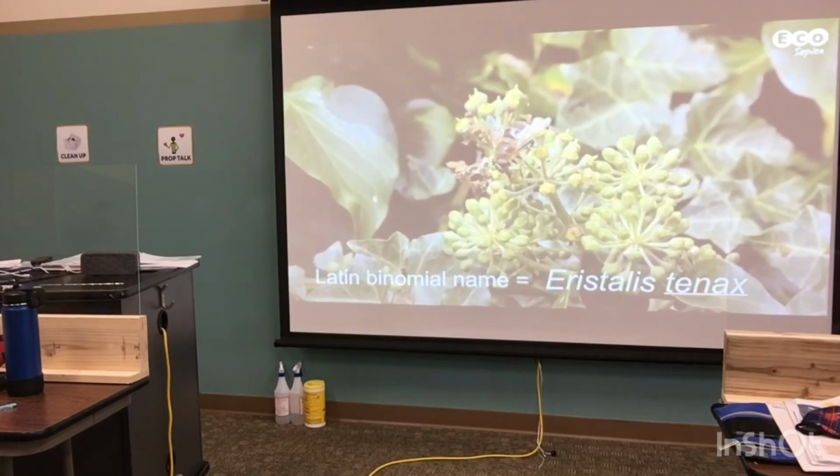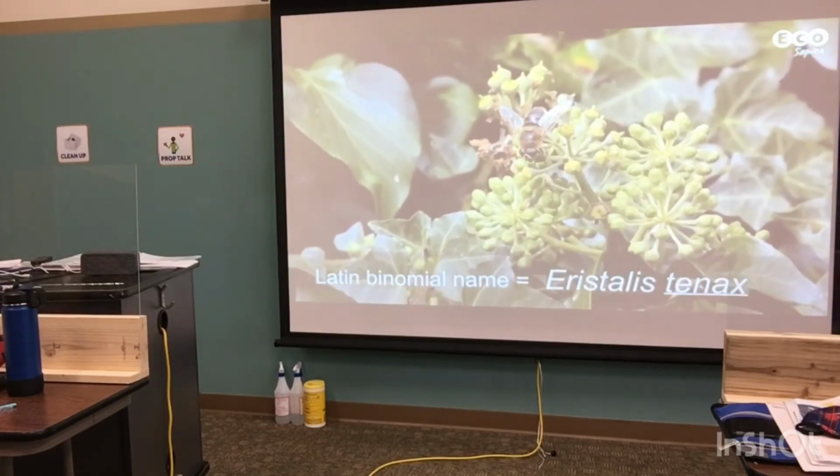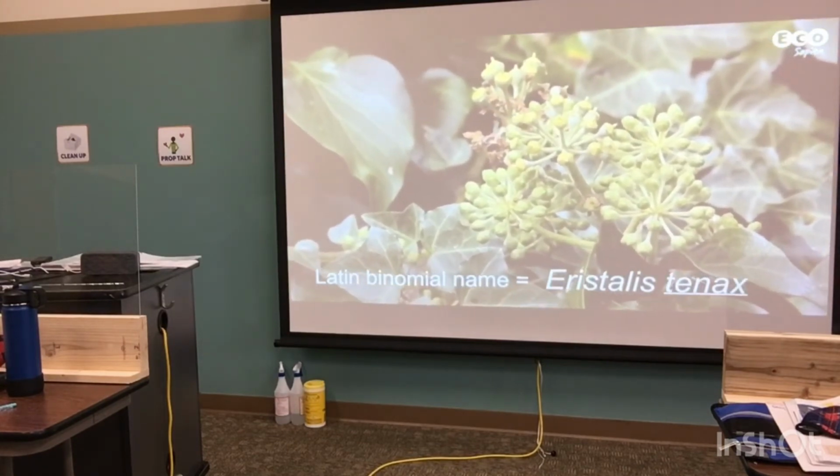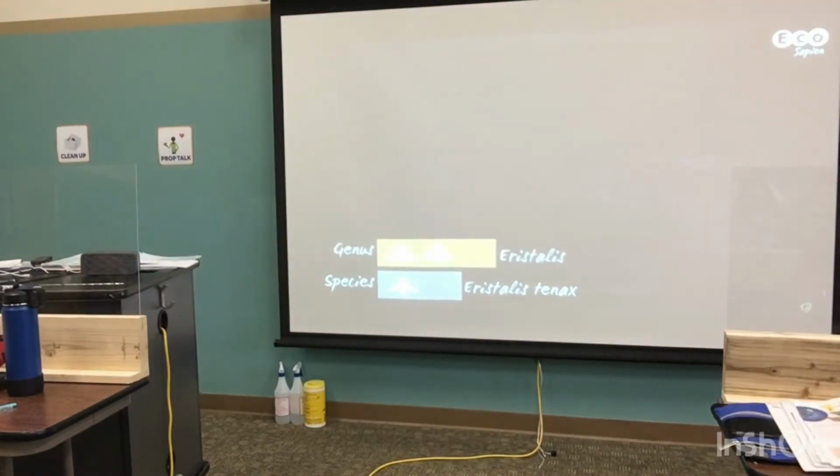Tenax is a species name given to only that specific type of drone fly. Eristalis is the name of the genus. There are 9 other species of drone fly in Britain that share this genus, all of which are closely related. All members of this genus are found in the family Syrphidae, the hoverflies.